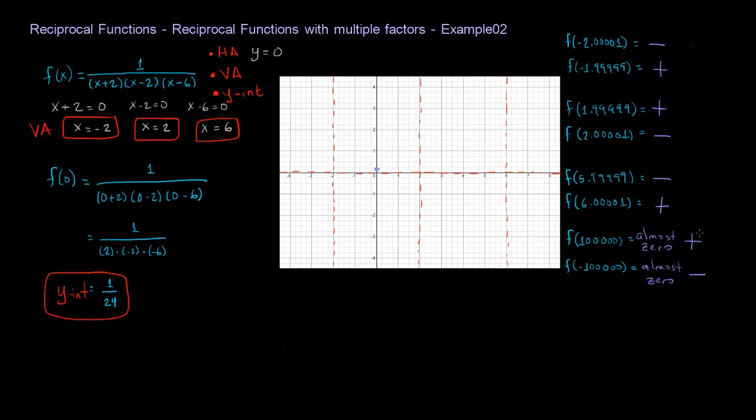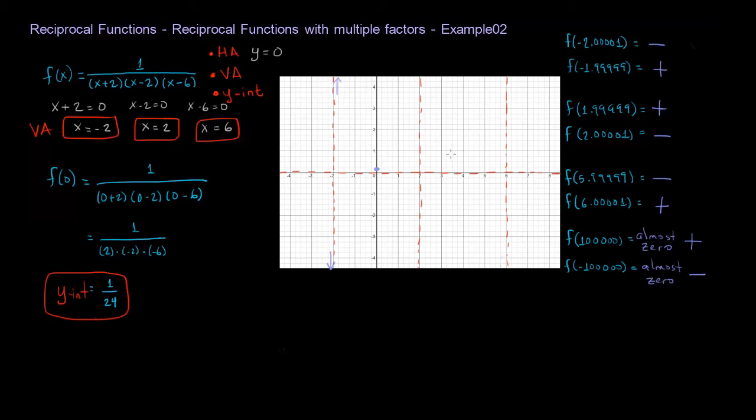Now I'm going to draw what this represents on the graph. Starting with this one: slightly before negative 2, you get a super big negative number. After the negative 2, you get a super big positive number.